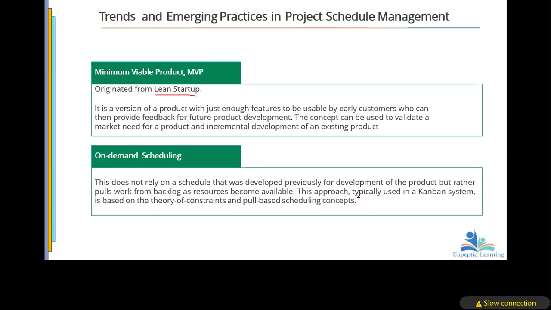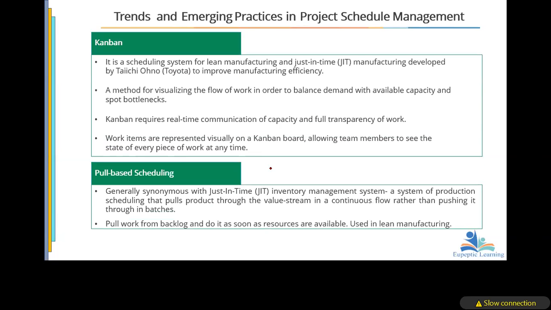If you store too much of it, it is money that you're keeping, and it's not necessary to store. That's why Toyota decided to go by just in time. So all these are under just in time scheduling.